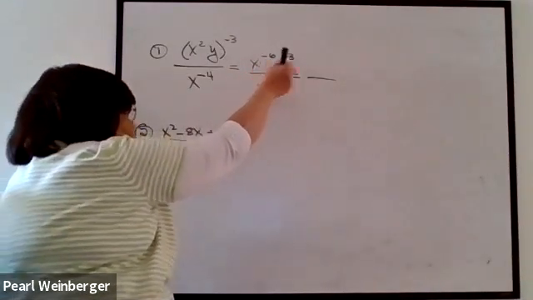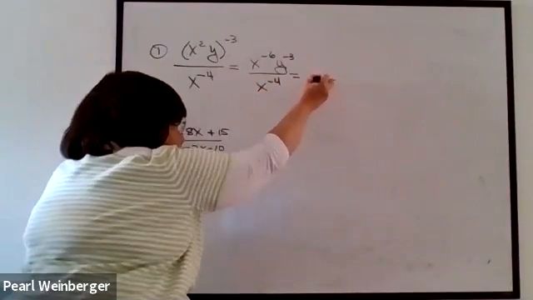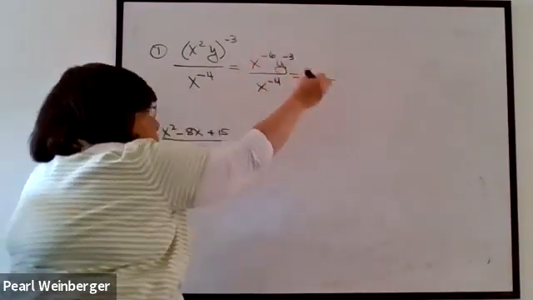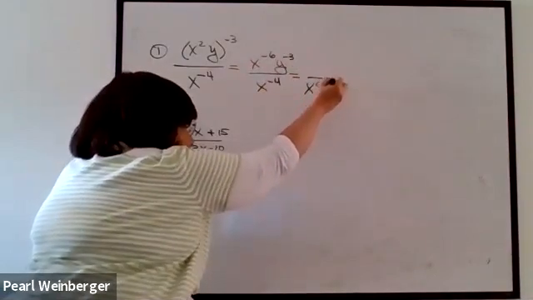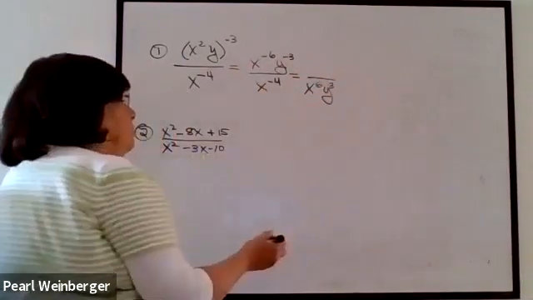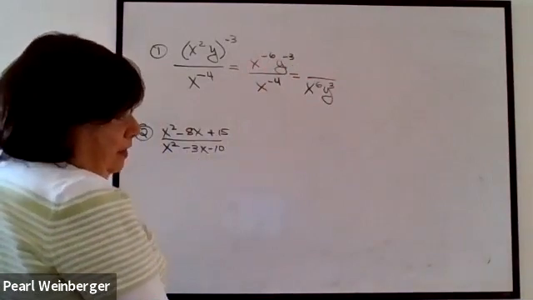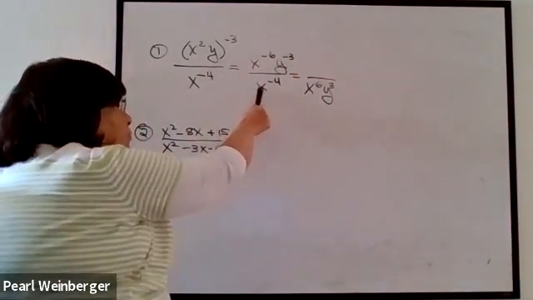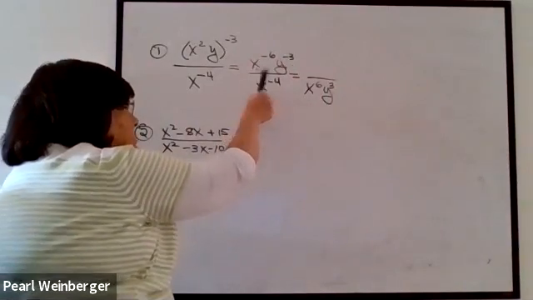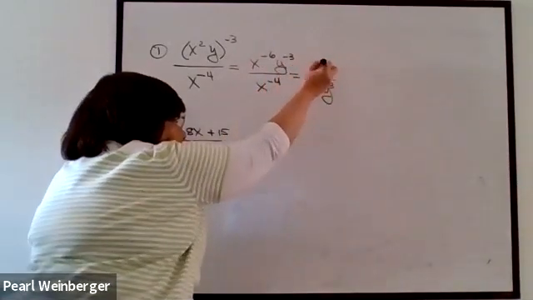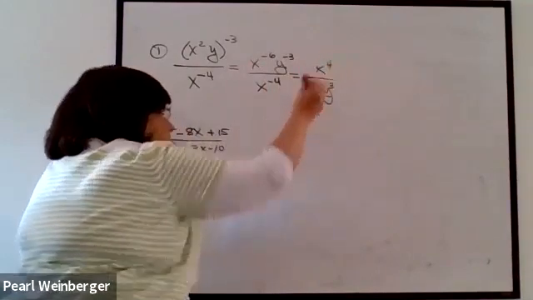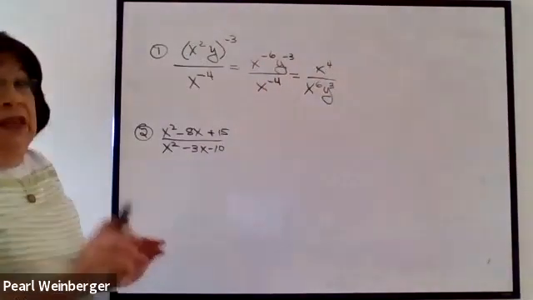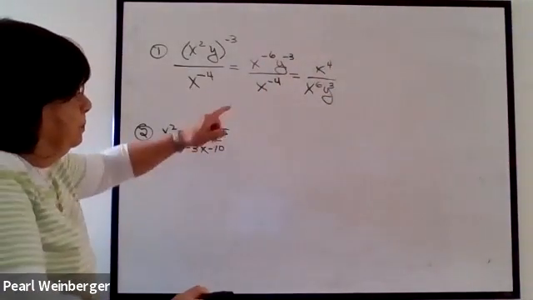Since it's negative, it's got to be moved to the denominator. The y to the -3 also has to get moved because it has a negative exponent. Notice when I move it that I make the exponents positive. The x to the -4, which is in the denominator, also has to get moved. It gets moved to the numerator. Remember, only move those things that have negative exponents.